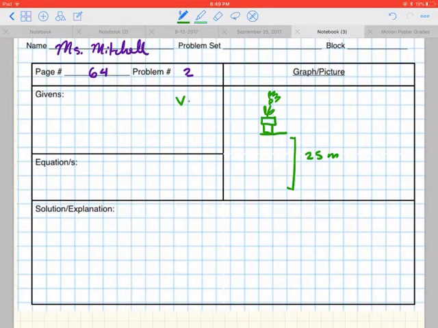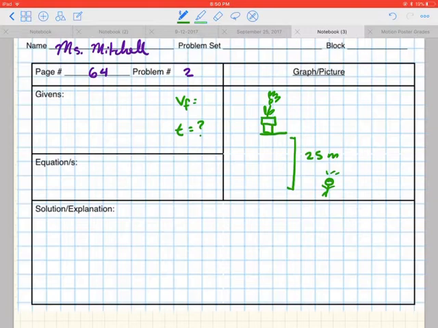So I know I'm looking for my final velocity, not after it hits the ground, but right before. And part B is how much time would a passerby have, if he saw the flower pot, before he got hit in the head?